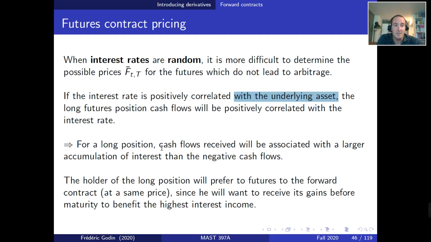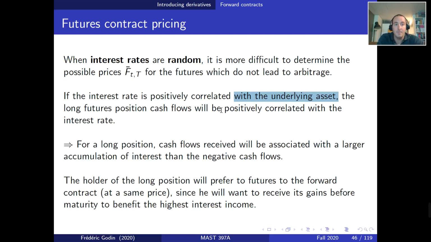Conversely, when there's a negative cash flow, okay, so let's say the stock price plunges, then there will be a negative cash flow, so the long futures position will have to pay some amount of money. But in that case, because the stock plunged, typically interest rates will plunge also.